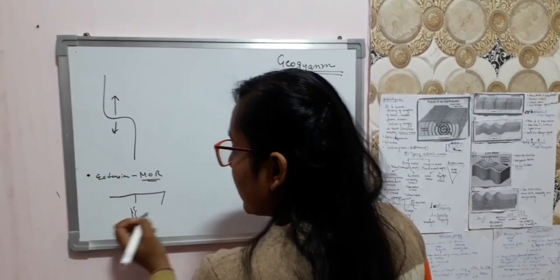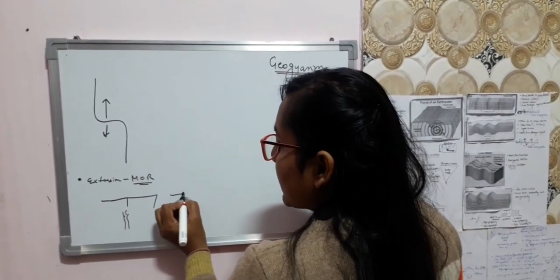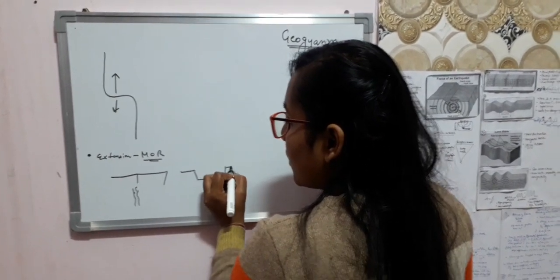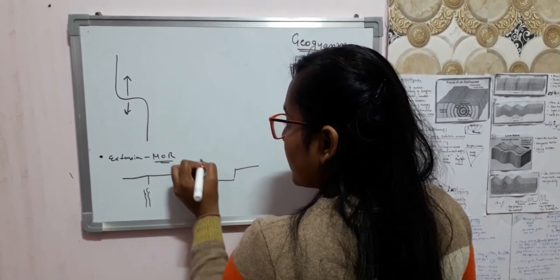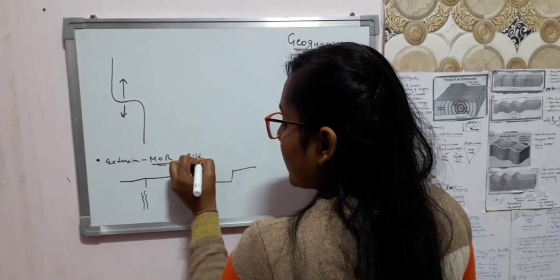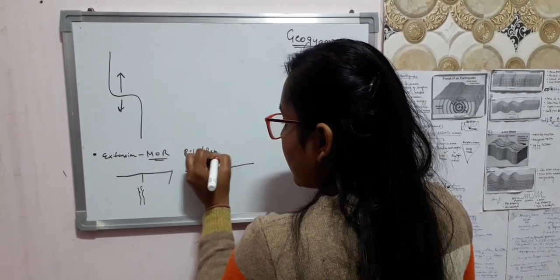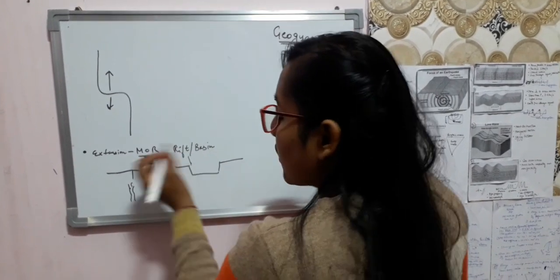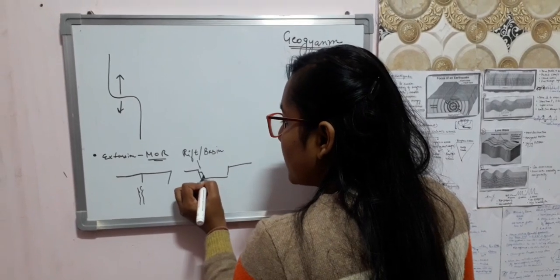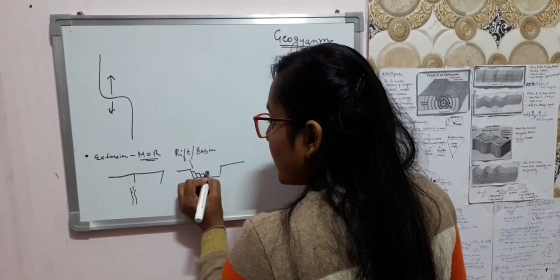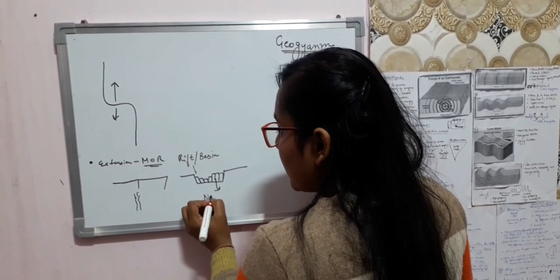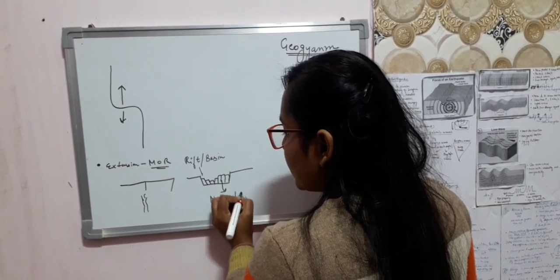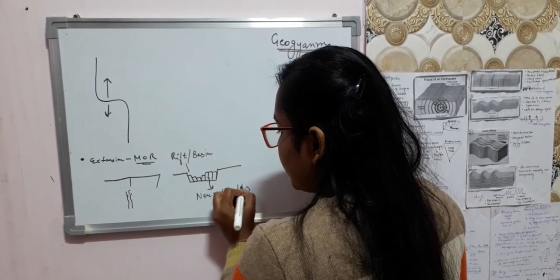Okay, so what will eventually happen? It will create a rift over that area. This will create a rift or basin, and along with the basin there will be formation of various fractures. These are normal faults.